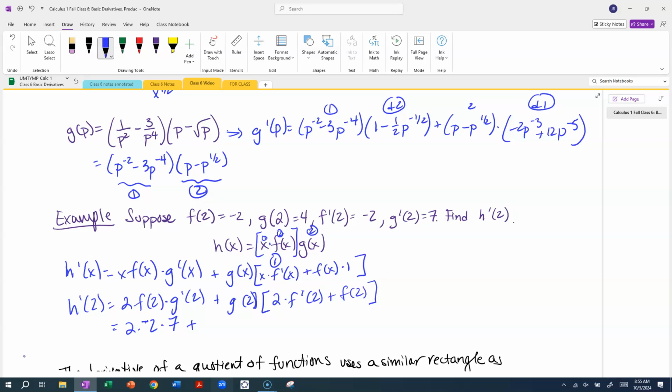And then g of 2 is 4 parentheses 2 times f prime of 2, which is negative 2. Oh, wait, hang on. Oh, yeah, okay. Times negative 2 plus f of 2, which is minus 2. Okay. And after a whole lot of arithmetic, my final answer for this one was negative 52.